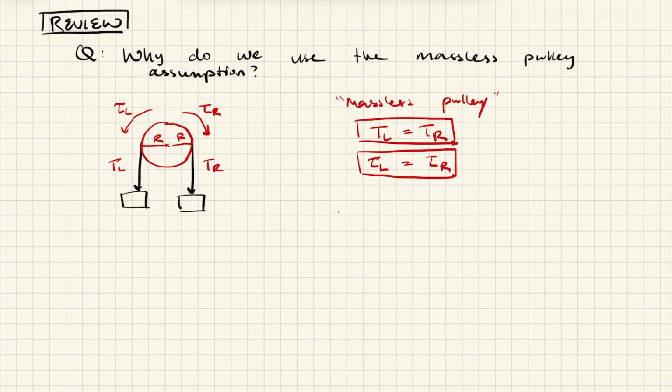So if the pulley has mass, then we have to say that TL is not necessarily equal to TR, and the torque on the left is not exactly equal to the torque on the right. Because now we can't claim that the force transfer is perfect here. We know that some of this force has to go into turning the pulley as well as accelerating the blocks that are attached.